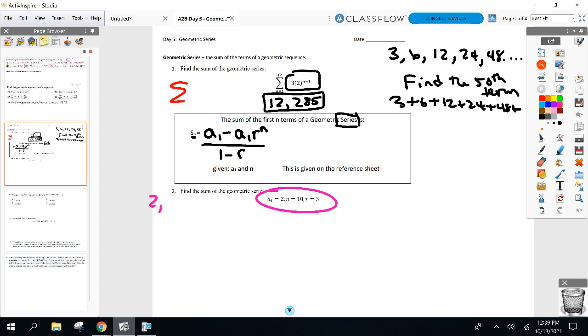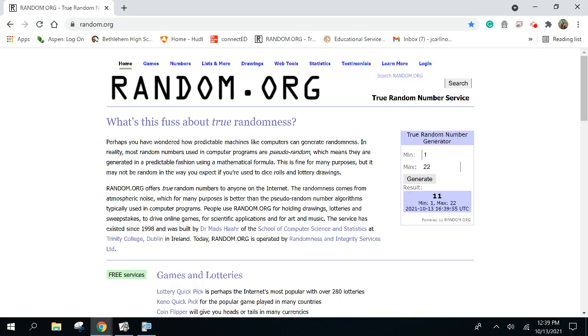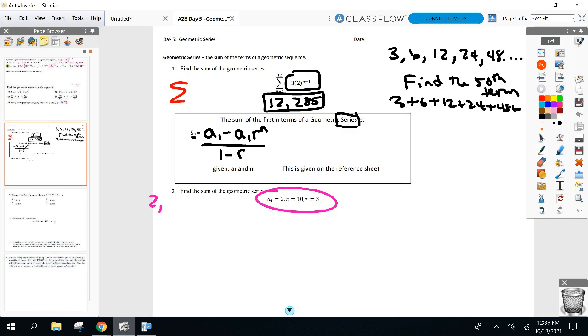That's what n's telling me. Find the sum of the first 10 terms. And r equals 3. Perfect. I'm going by threes, multiplying by 3. So if you want a visual of what this sequence looks like, 2, 6. How do I know it was 6? That's what r means. 18.